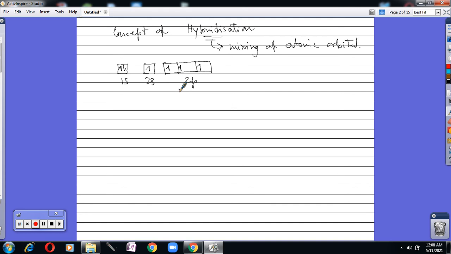Hybridization is a phenomenon. When the 2s orbital mixes with the 2p orbitals, there is a scope of forming four hybrid orbitals, and that hybrid orbital is known as sp3 hybrid orbital.